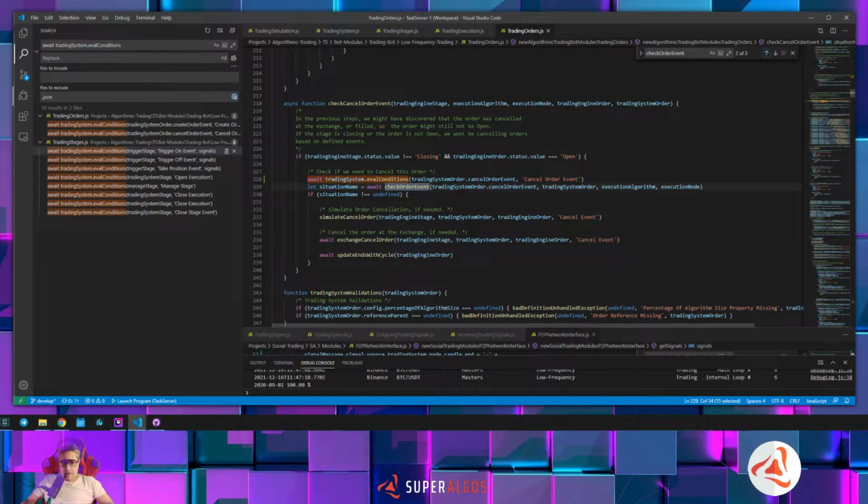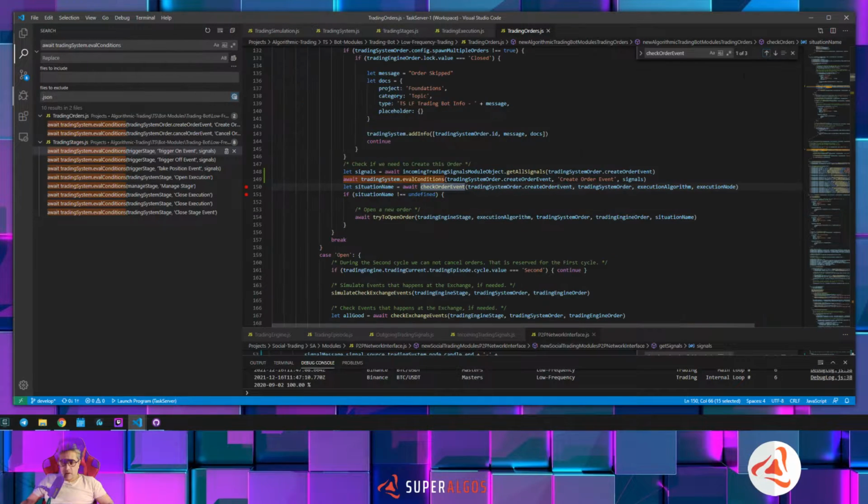So that means that the event might be undefined. But if I try to get signals of the node, this might be undefined, then it will get undefined in there, but it's okay.